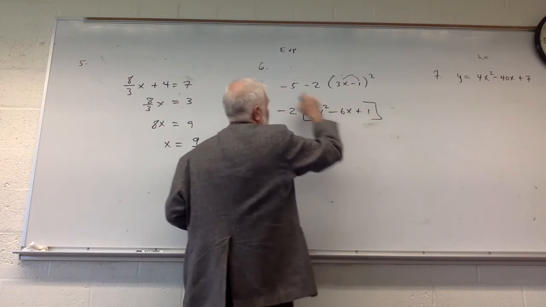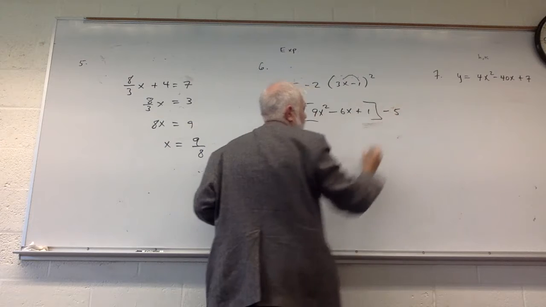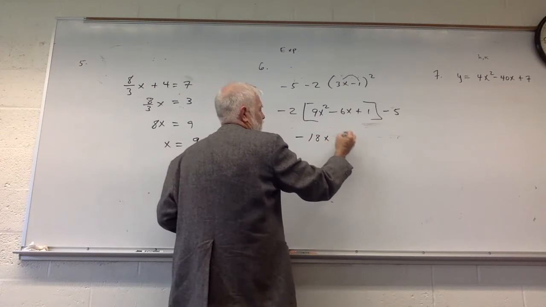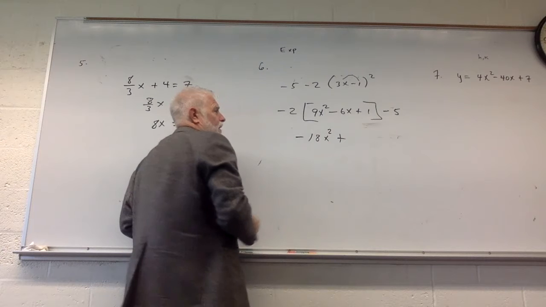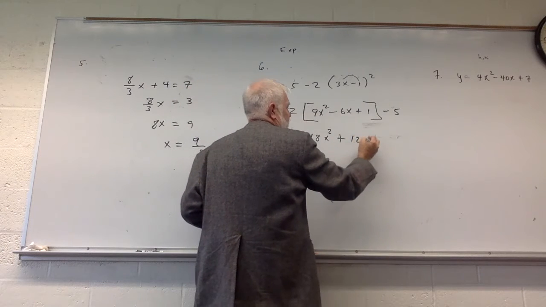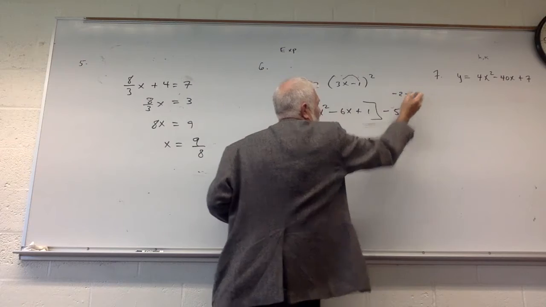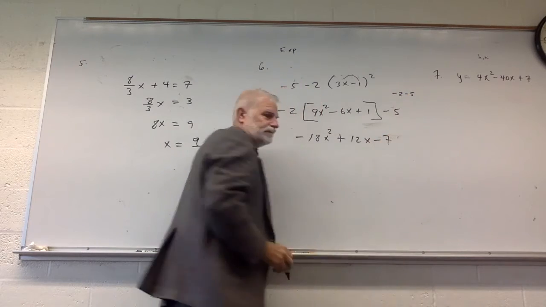Plus 1. And I'm going to bring the minus 5 to the end. Final answer: minus 18x squared. Almost forgot to write the square. Positive 12x. Minus 2 minus 5. Minus 2 minus 5. Be careful with it. Minus 7. See it on a bunch of tests.